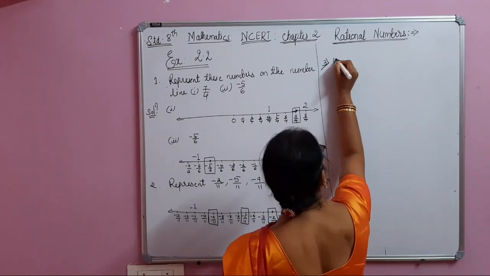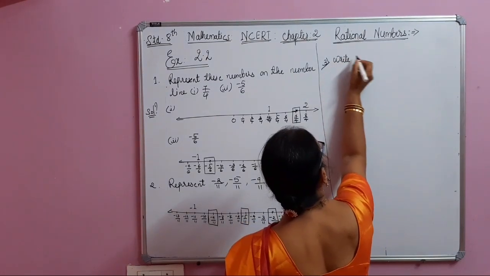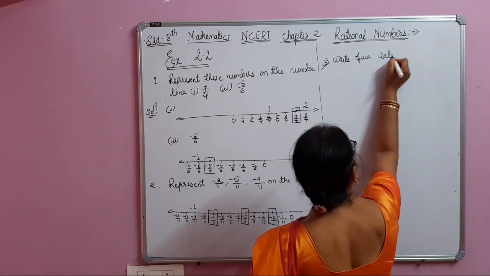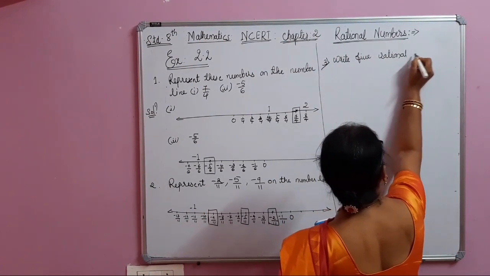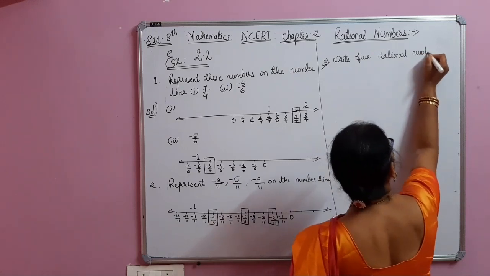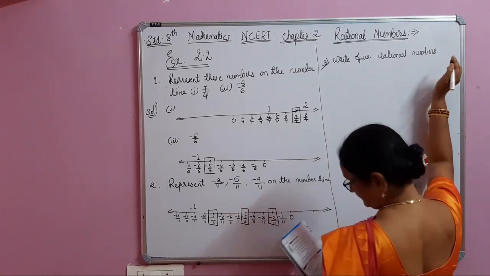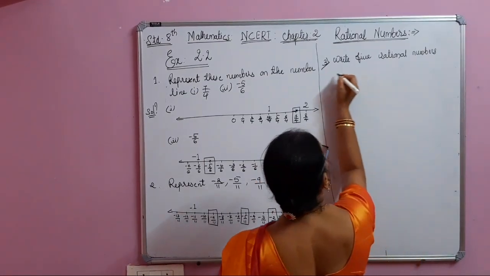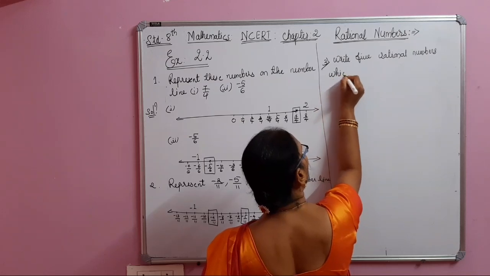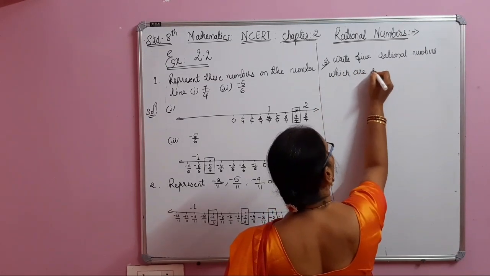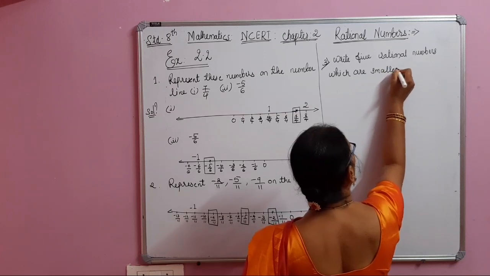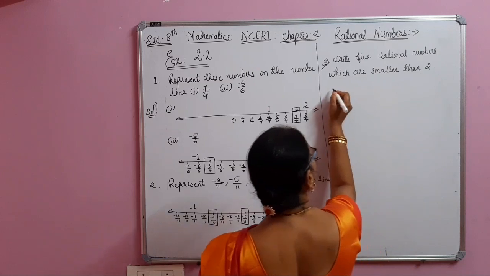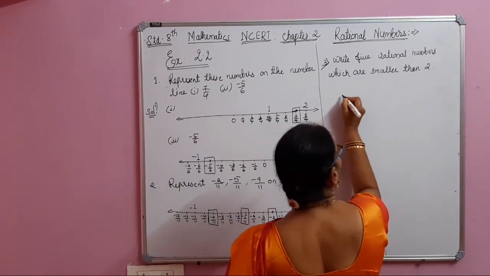Write 5 rational numbers which are smaller than 2. See here, smaller than 2, you know, on the number line.